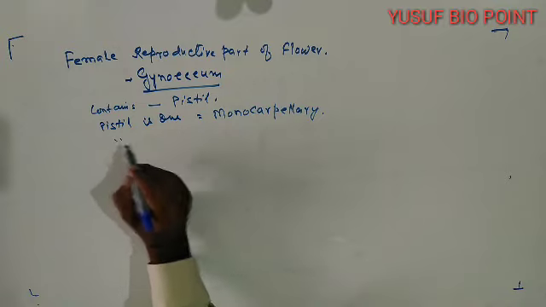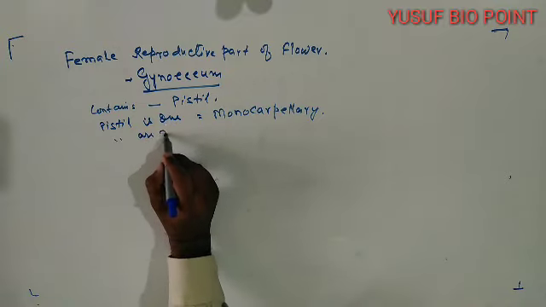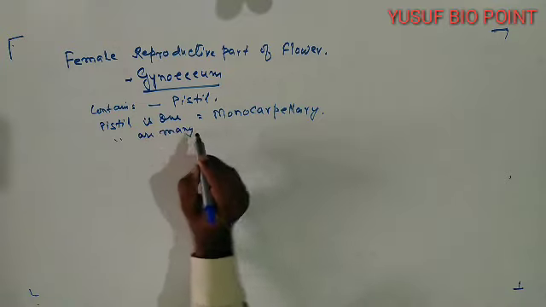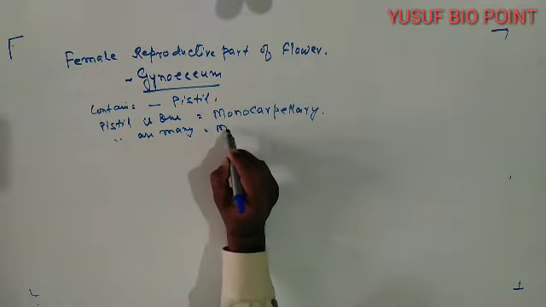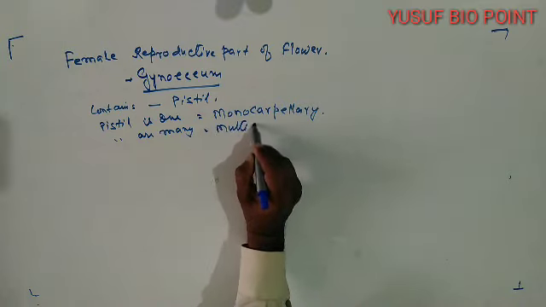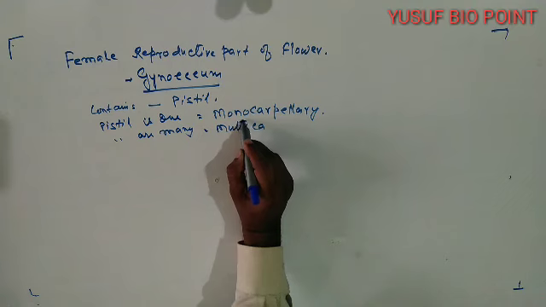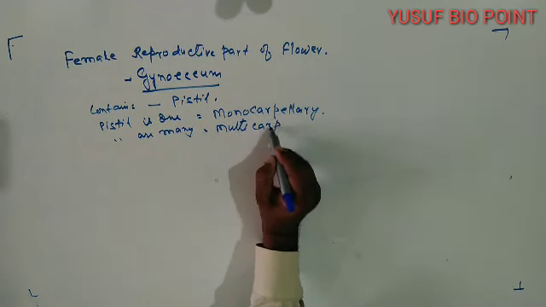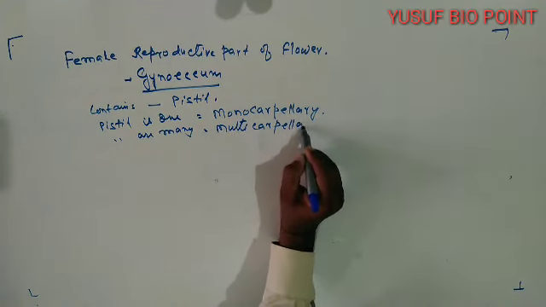If pistils are many, then it is known as multicarpellary. Number of pistils, understood? On the basis of number of pistils, it may be either mono or multi.